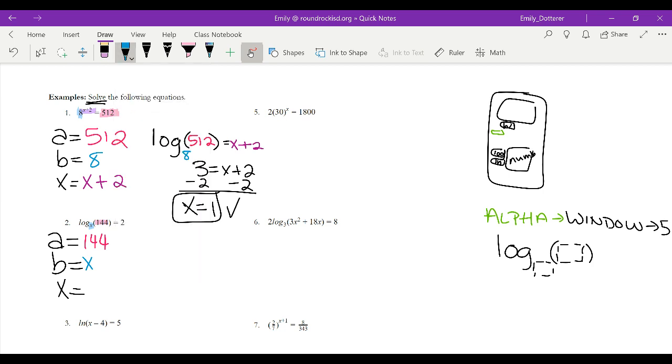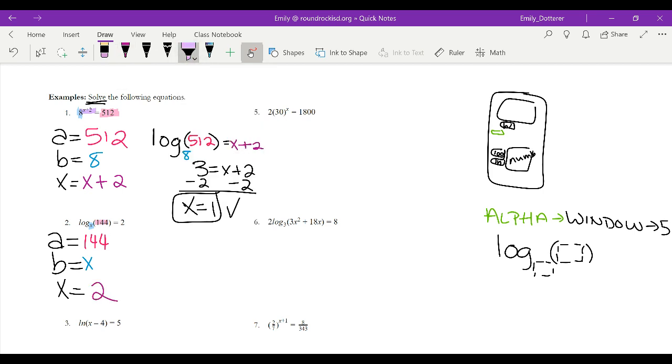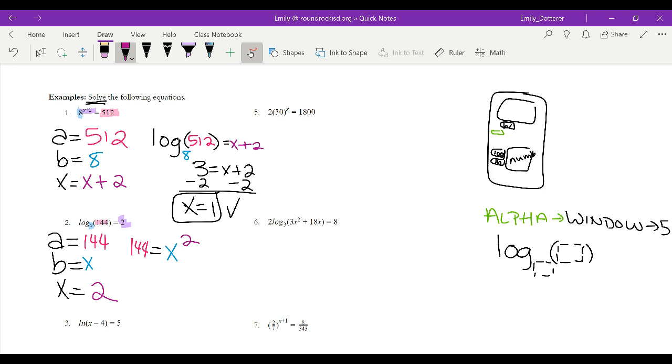And x is what it all equals, which is 2. So when we convert it to an exponential, we have a equals b to the x.